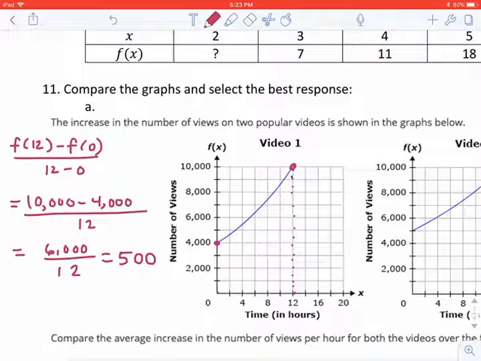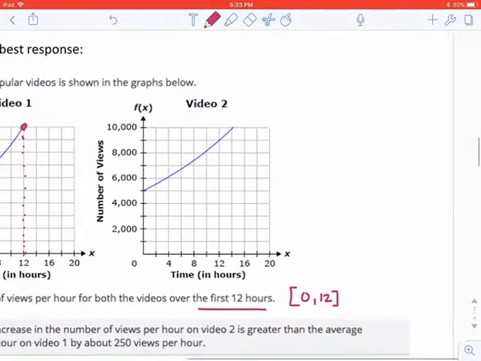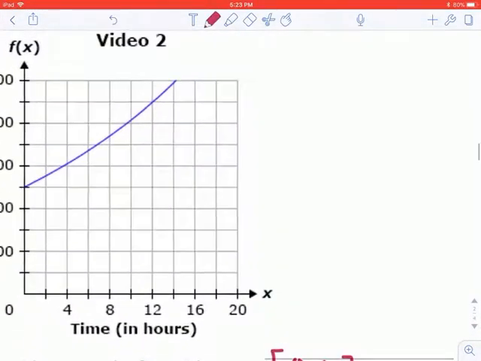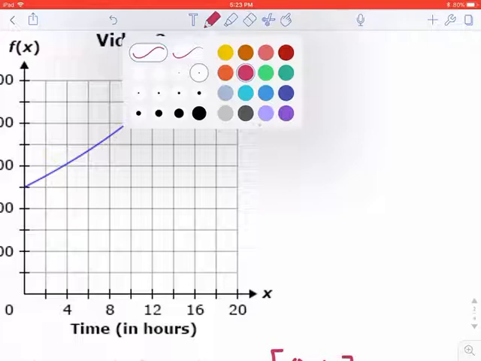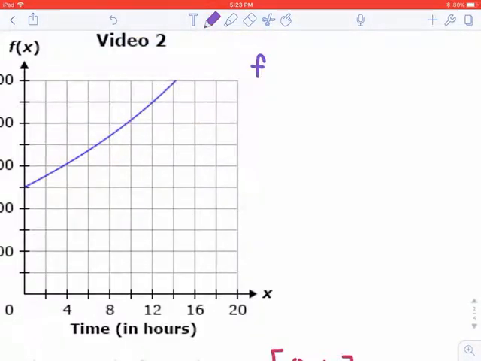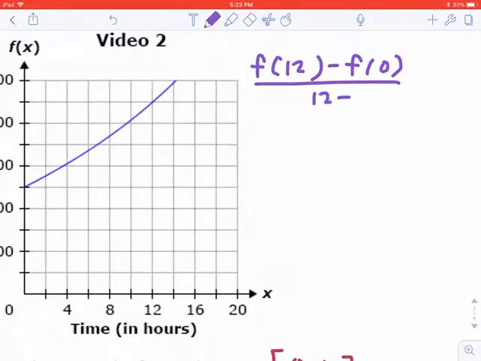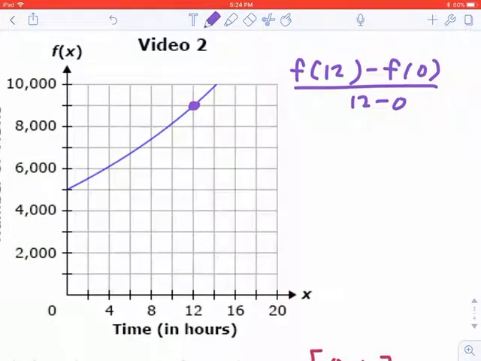All right, let's figure out what it was for video 2. Okay, same logic. Maybe I'll pick a different color. F of 12 minus f of 0 all over 12 minus 0. All right, f of 12 here looks like 9,000.